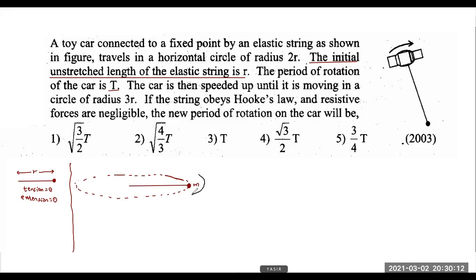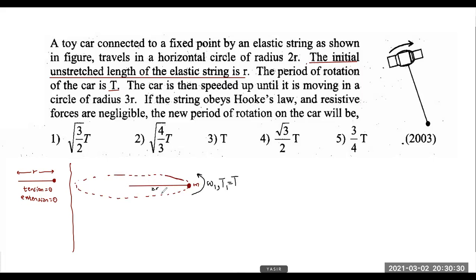I'll take the omega as omega 1 here, but the problem is they are talking in terms of period of rotation. So omega 1 and T1. T1 is our capital T, the period of rotation. And the radius now, the new length, is 2r.